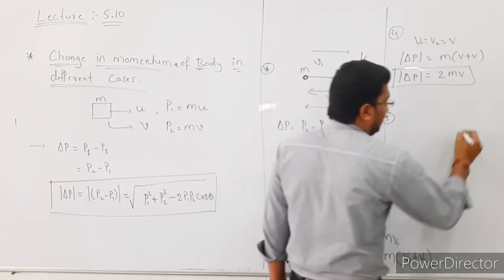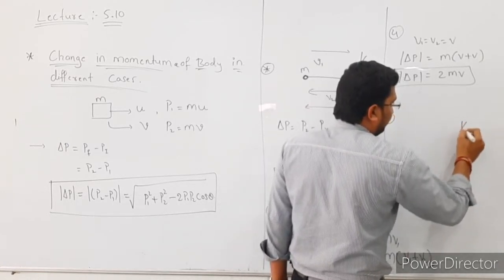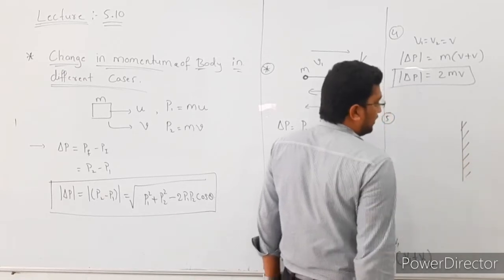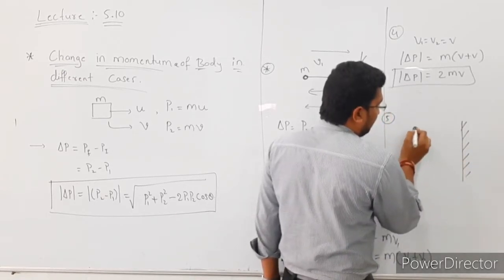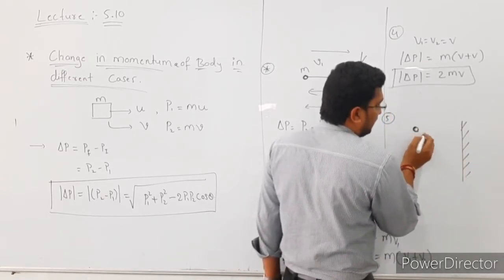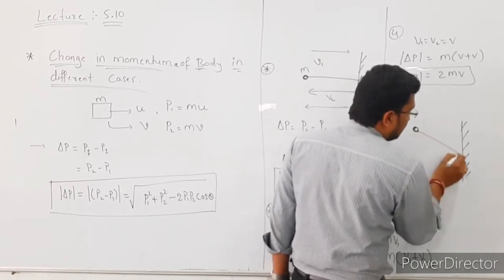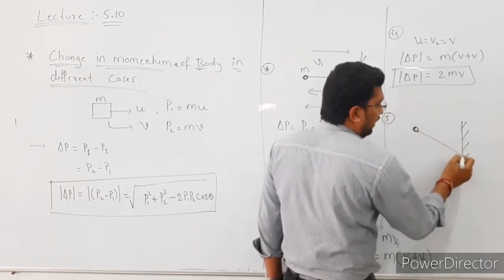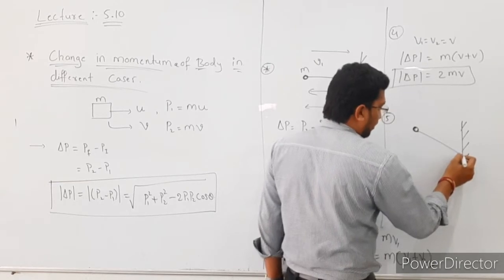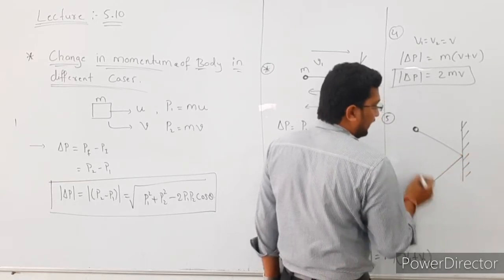Okay, the next one, the fifth one. Consider here, this is the rigid wall. If a body of mass m moves with a velocity u and hits the wall, after collision that body is moving with the same speed.